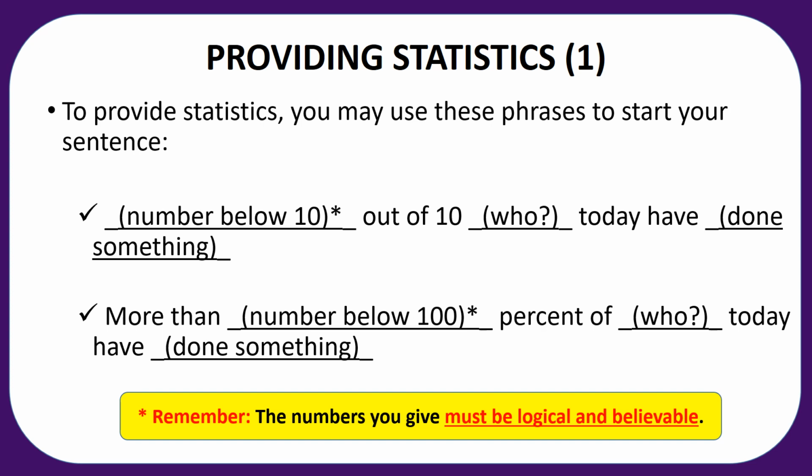You may ask a question, how do we know statistics? Of course we don't know, so we have to create them. But remember, when we want to create a statistic, make it believable. How? Make sure the numbers are logical, so it sounds logical and believable.